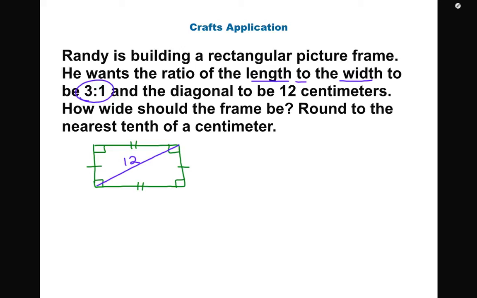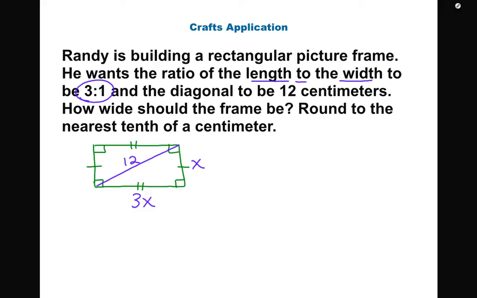The length is supposed to be 3 times the width. I don't know what the width is. And the width, I'm going to use the shorter direction. I think in my solution I called it x. And then the length would be 3 times as much. So I'll be using x and 3x as the legs of a right triangle.